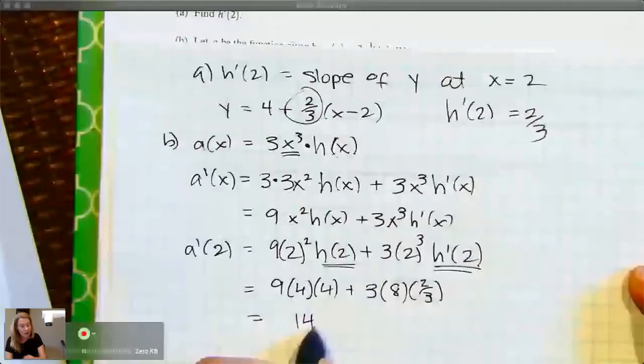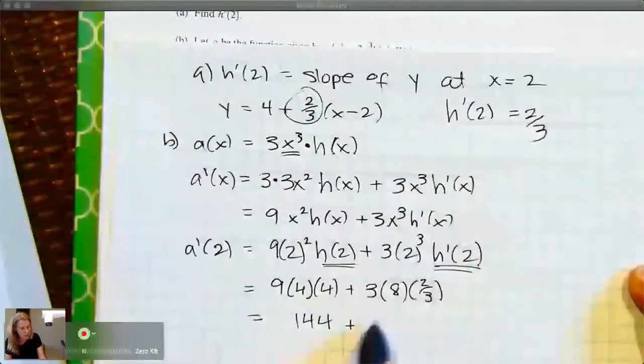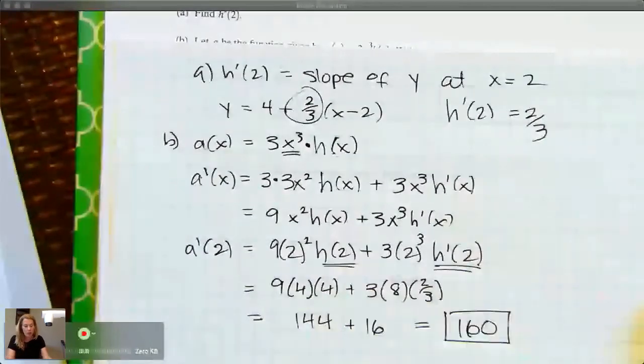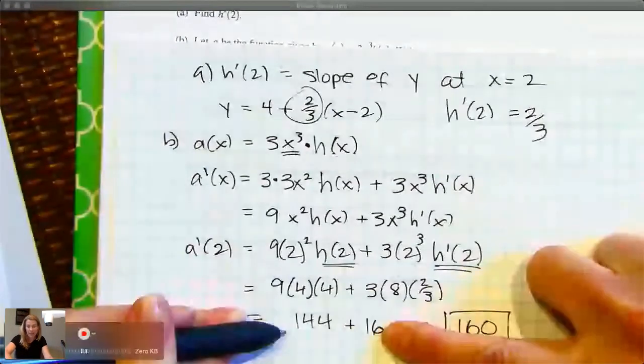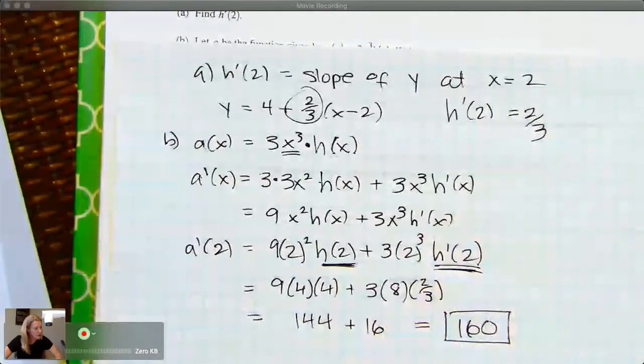You can work that out on the side, or you can leave it just like this. And of course, the 3's cancel here, and I get 8 times 2, which is 16. Bottom line, it is 160, but you are allowed to leave it in this format or this format. You just can't leave it quite like this because you want to show that you know what those values are.